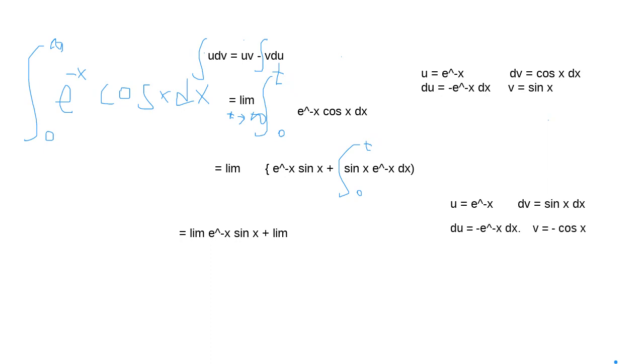So I'm going to plug into here. Hold on, I have to move this one because I have uv again. I'm doing the second round of integration by parts for sine x e to the negative x now.